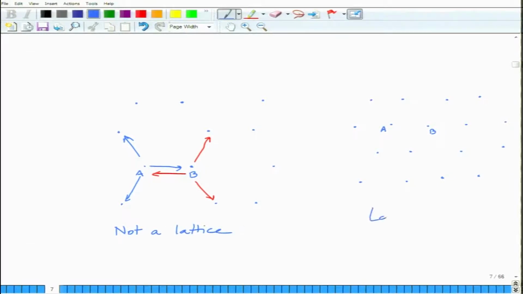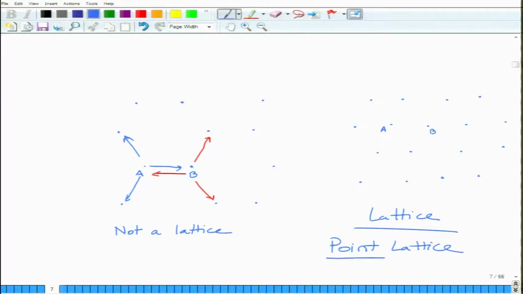this is the lattice. So, by definition, when points arrange themselves in space in such a fashion that the arrangement is periodic and every point has identical neighborhood, these two conditions qualify that arrangement as a point lattice. So, this is called a point lattice.